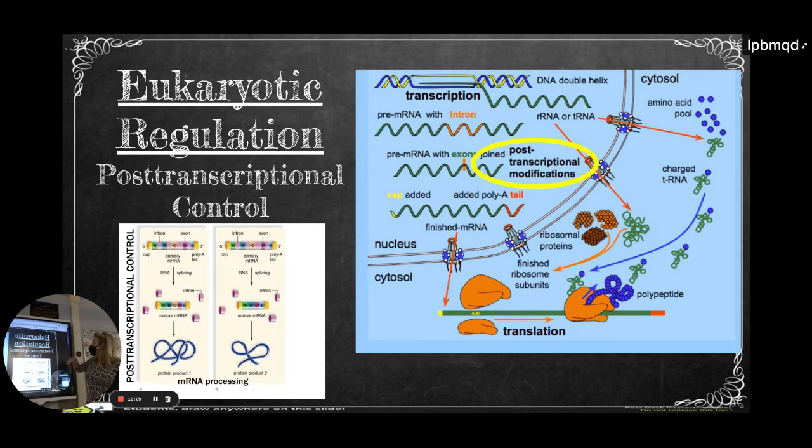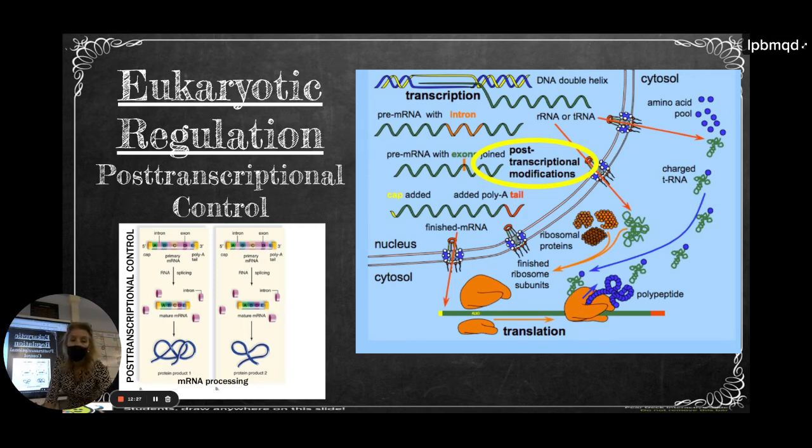All right. So transcriptional control is, does RNA polymerase bind to the promoter, right? Post-transcriptional control, we're putting on a cap or a tail or cutting out the introns before it leaves the nucleus. Perfect.